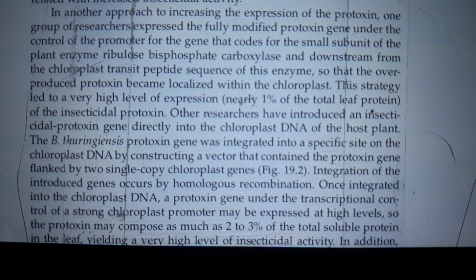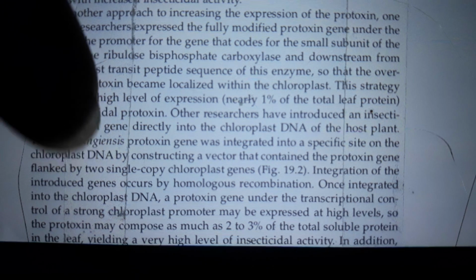Another approach to increasing the expression of the protoxin: one group of researchers expressed the fully modified protoxin gene under the control of the promoter for the gene that codes for the small subunit of the plant enzyme ribulose bisphosphate carboxylase and downstream from the chloroplast transit peptide sequence of this enzyme, so that the overproduced protoxin became localized within the chloroplast. This strategy led to a very high level of expression, nearly 1% of the total leaf protein.